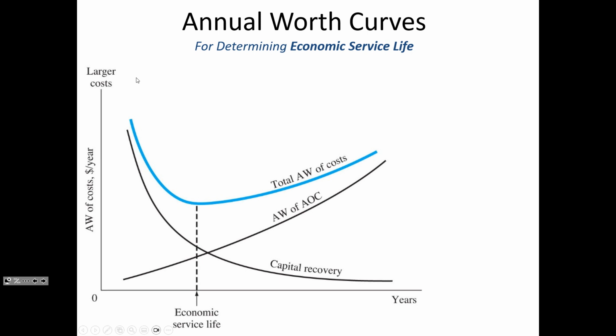Now here's a graph that is really important. Speaking of the exam, I think it would be a good idea to be able to sketch something like this and explain it. What this is showing is that the longer you own something, the capital recovery is going down. I owned a car, a Mazda Miata, and I bought it in 2009 and sold it in 2021.